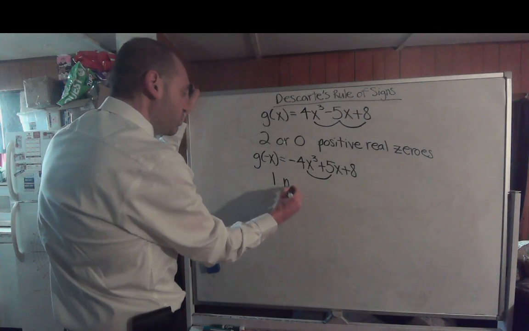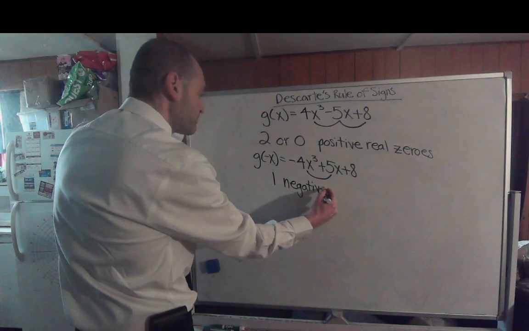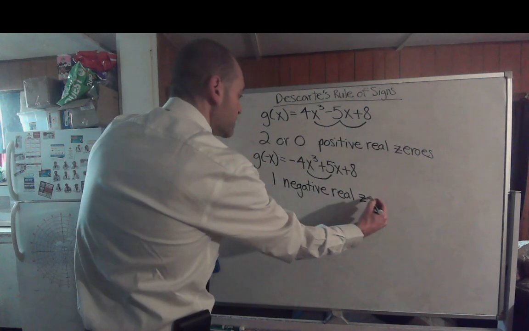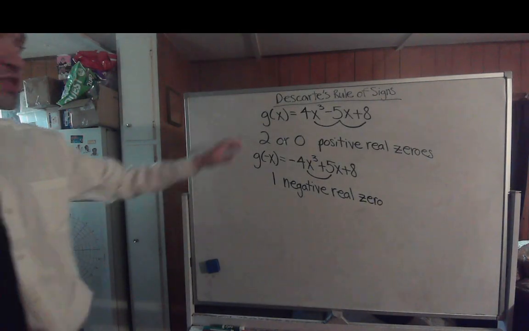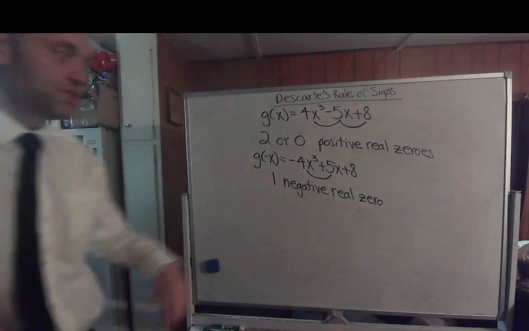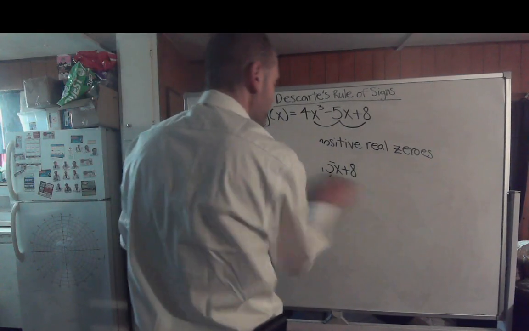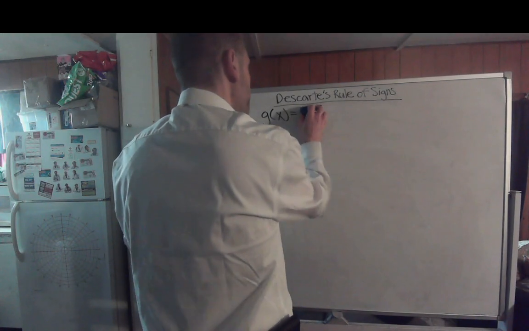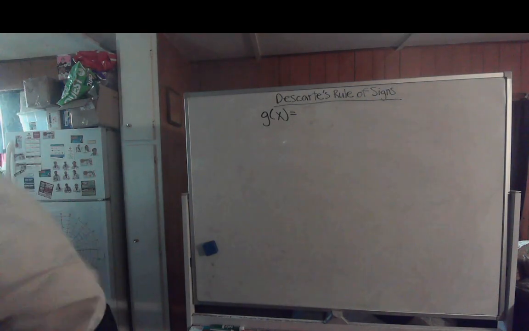So there's only one negative real zero that's possible. So for this particular function, you have either 2 or 0 positive real zeros and just one negative real zero. One more function for Descartes' rule of signs, and then we're going to go on to the rational zero test.